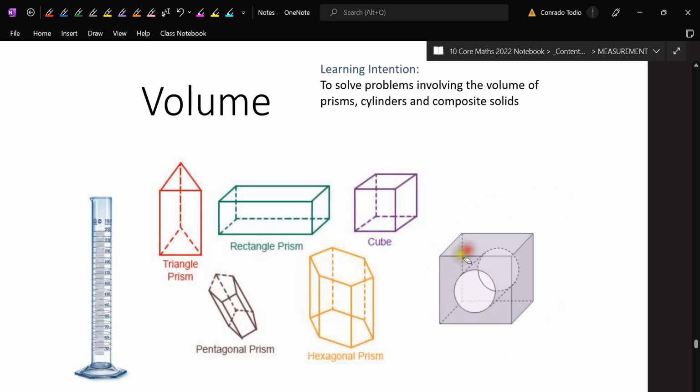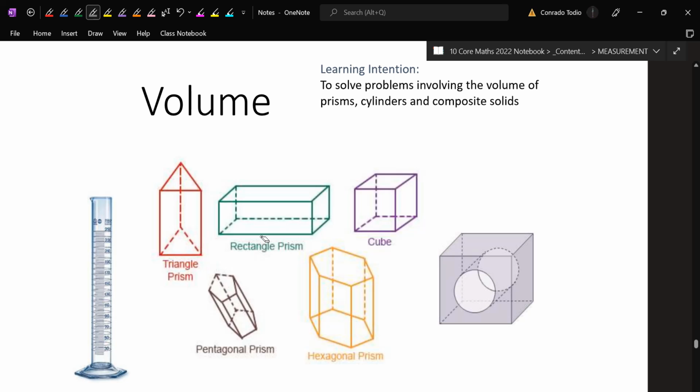Now, what's going to change here is instead of finding the exposed area, so for example, this face and that face, we're going to now find the area of the space inside the shape, the literal inside. That's what volume is all about.